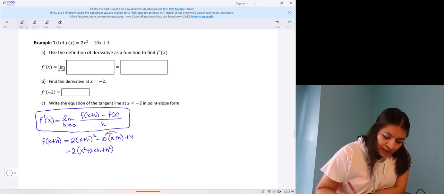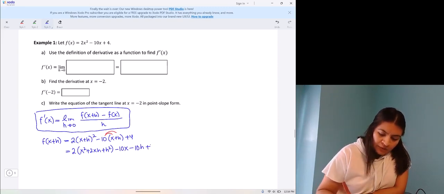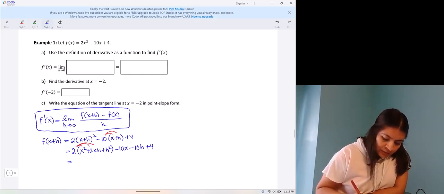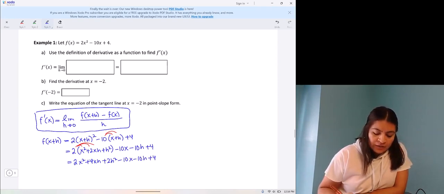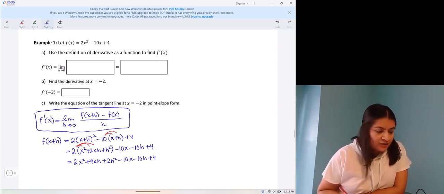If I distribute the negative 10, I get negative 10x minus 10h plus 4. Distribute the 2, that is 2x squared plus 4xh plus 2h squared minus 10x minus 10h plus 4. So that is our f of x plus h.